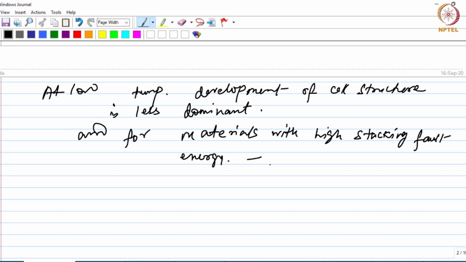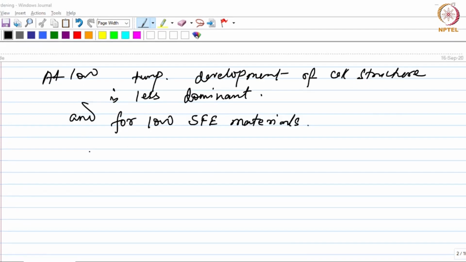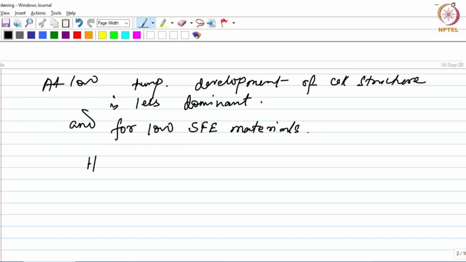The development of such cell structure will be difficult for materials having low stacking fault energy. And also at a high strain rate, deformation it is not pronounced.